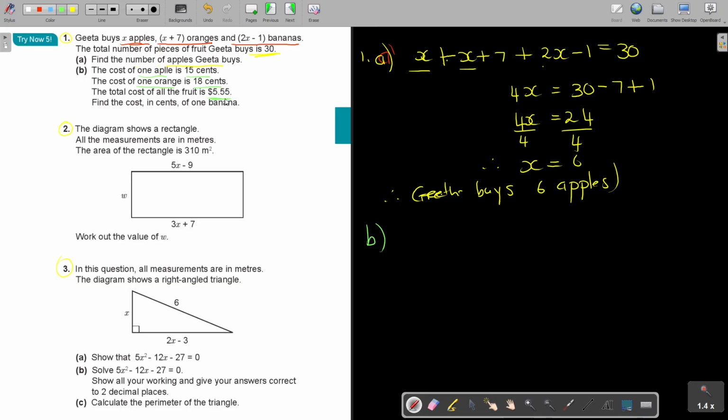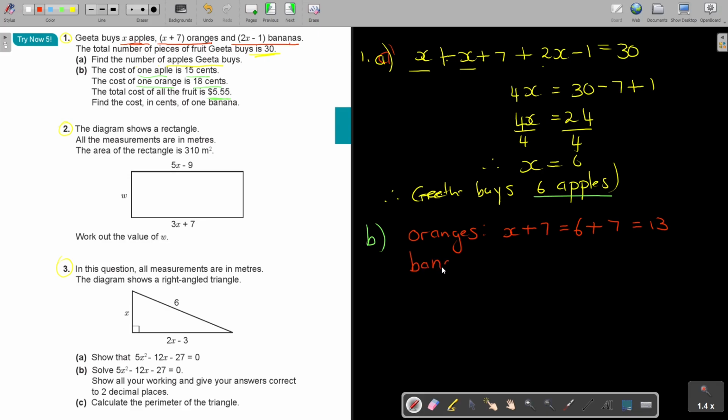So I think before we can do that, we have now how many apples. So let's just find how many oranges. So oranges, it's going to be x plus 7. So it's going to be 6 plus 7, and that's going to be 13. And then find the number of bananas.